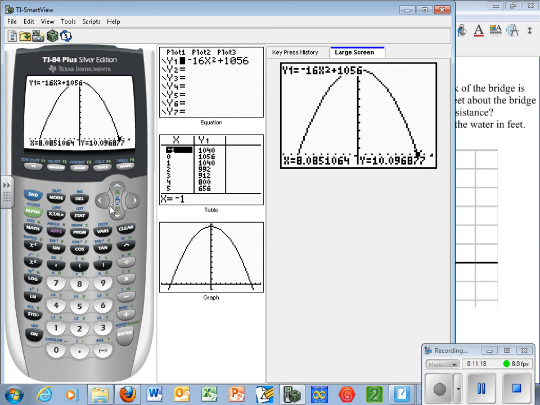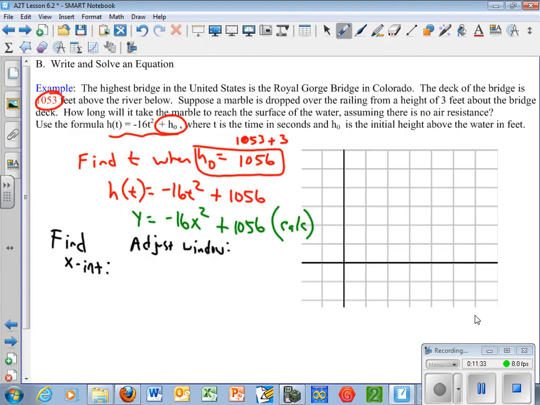Okay. So notice there at about, so we're down to the x-axis, and I would say to the nearest second or the nearest x value, it's about 8. Okay, so we're going to say that the time, the x-intercept is at 8, so that means that t is also equal to approximately 8 or about 8 seconds until that reaches the surface of the water.